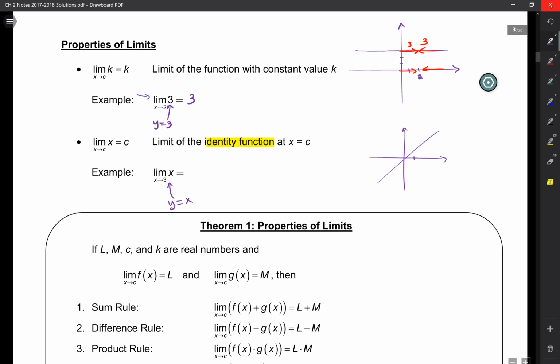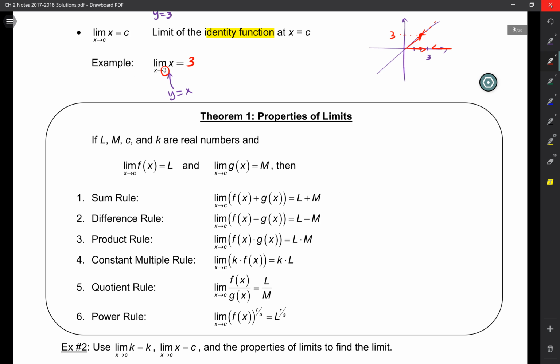As you approach 3 from the left side, what value is your y approaching? 3. What about from the right side? 3. So it's basically the same as that number when it's the identity function. It's as if we just plugged in 3 for x. We just substituted 3 for x.